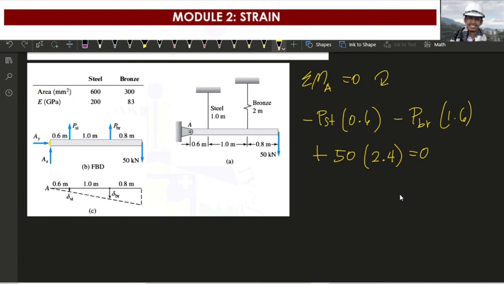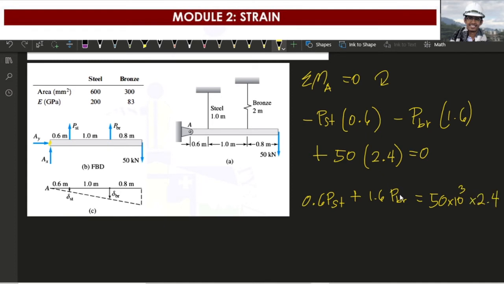So i-simplify na lang natin yung equation natin. So that will give us 0.6 force ng steel plus 1.6 force ng bronze is equal na siya sa 50 times 10 raised to 3 times yung 2.4.